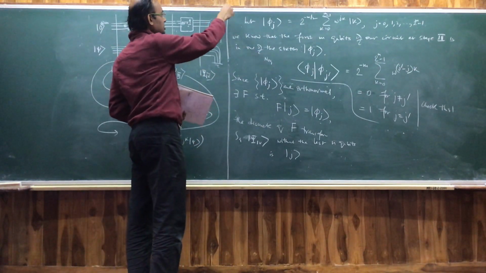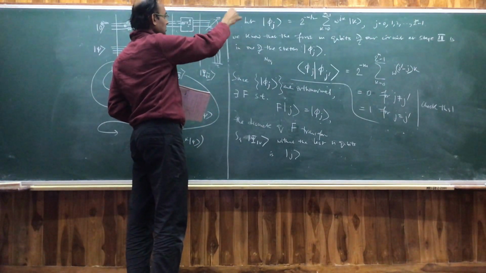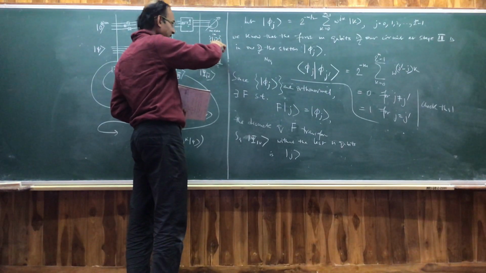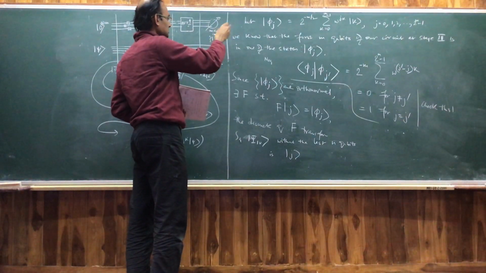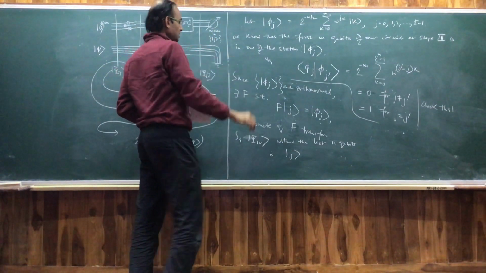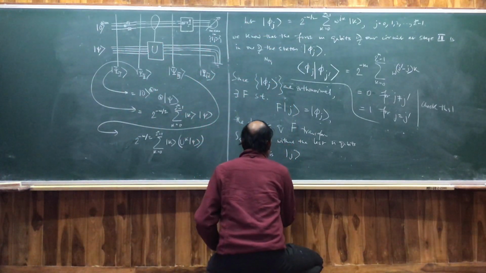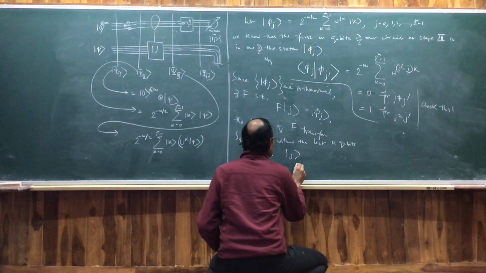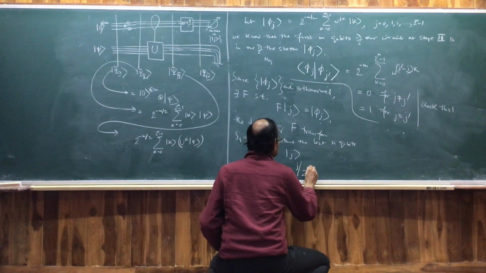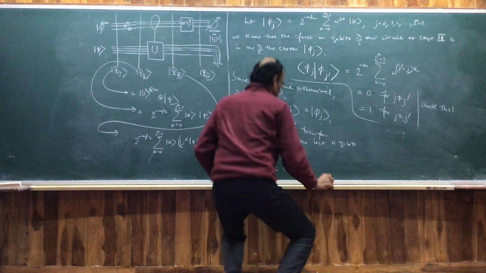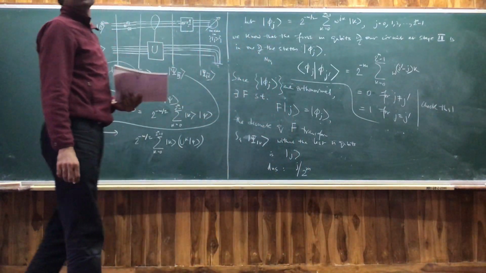Whichever clicks, you take that m bits j, and the answer is j by 2 power m.